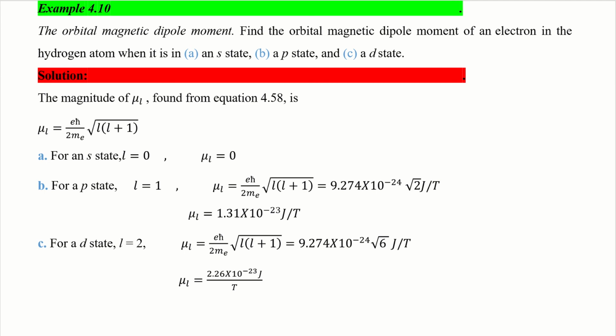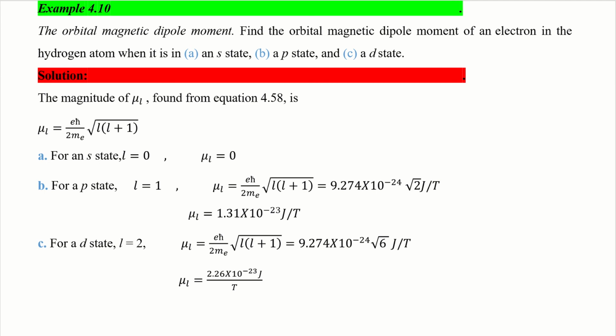For A, the S state, we have orbital quantum number l equal to 0. By substituting this value in the above equation, we get that mu sub L is equal to 0 also. Therefore, for the S state, we do not have any magnetic dipole moment. B, for the P state, orbital quantum number l is equal to 1.